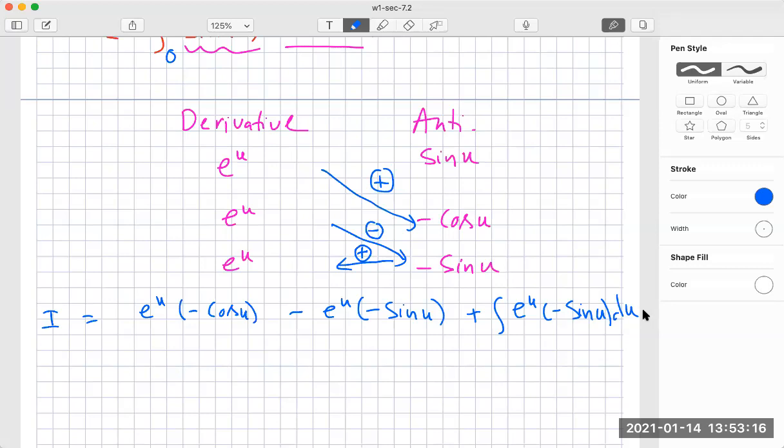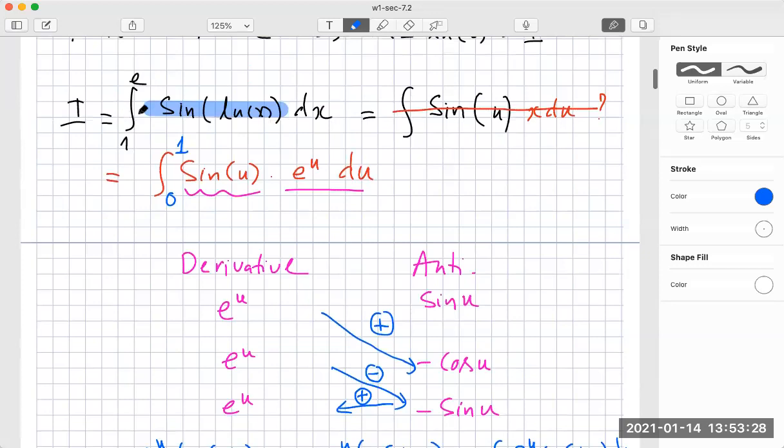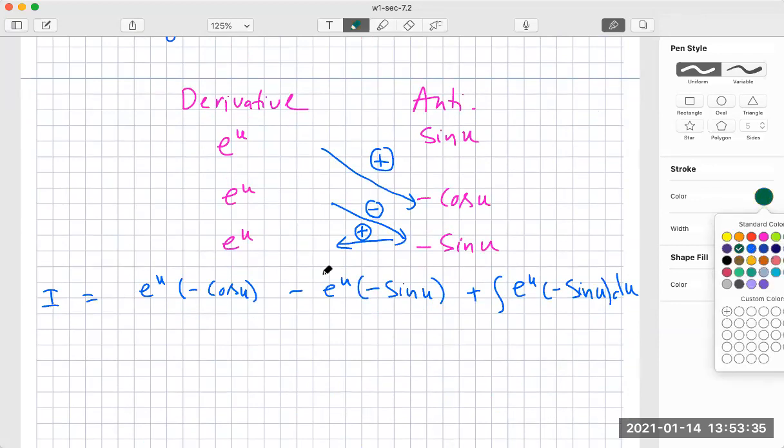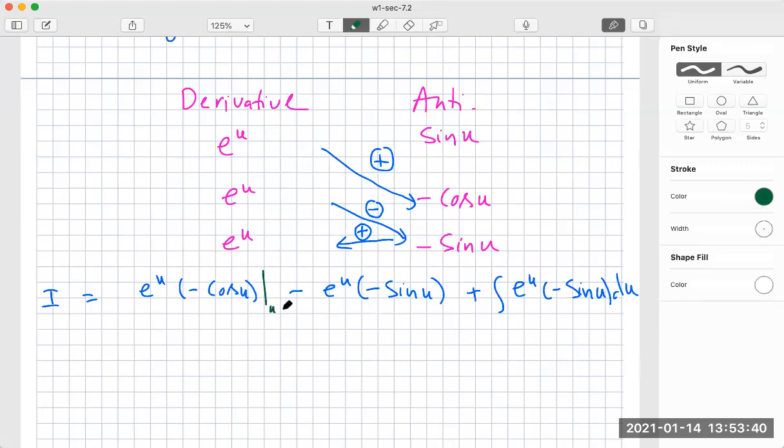Do we need something more? Yeah, the bounds, the limits. We are computing the definite integral, and remember, it is defined from 0 to 1. So we need to evaluate it from 0 to 1, and the bounds here are also from 0 to 1.